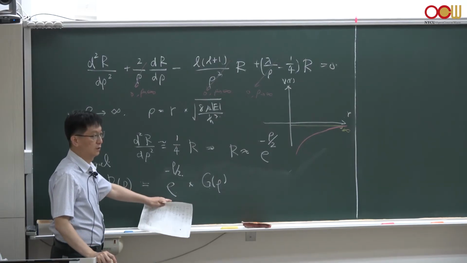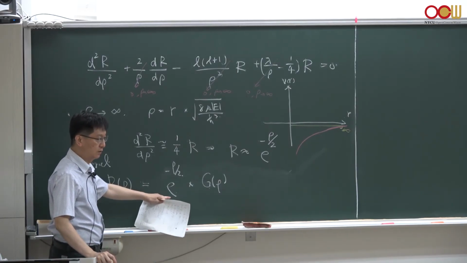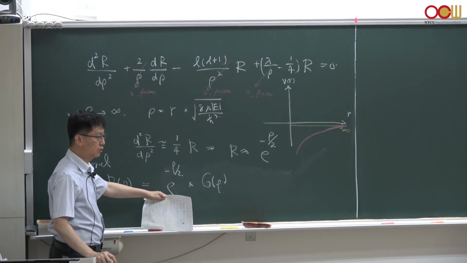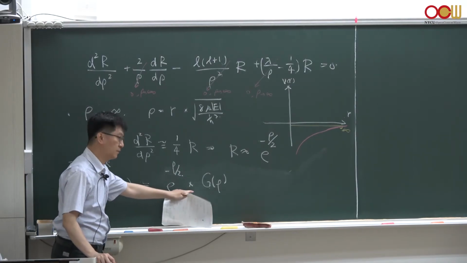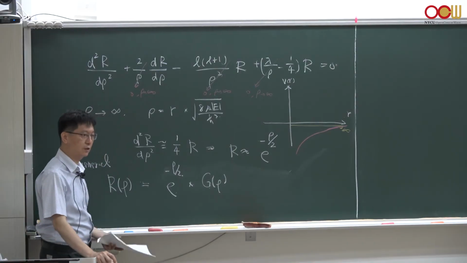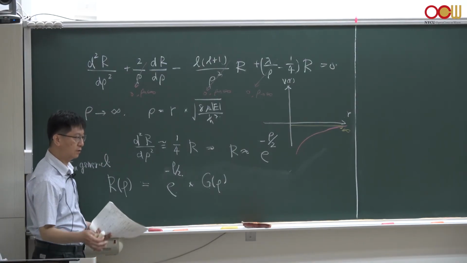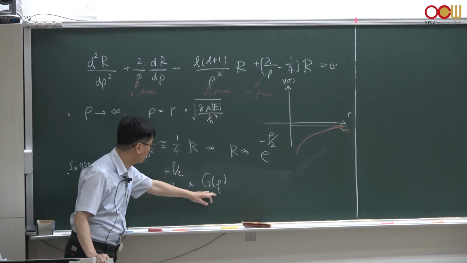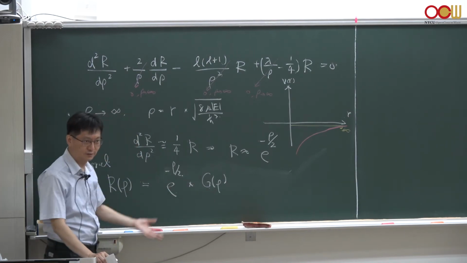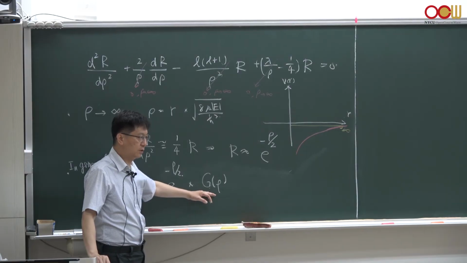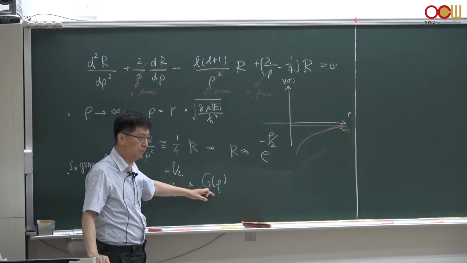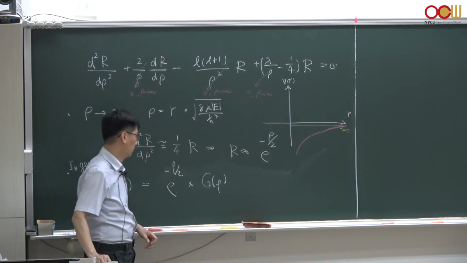So we know the solution in certain limits, but the general solution is given by the solution in that limit times some unknown function. And this unknown function of rho, in the harmonic oscillator problem, was expressed in terms of a polynomial of rho. Here is the same thing. We should propose that this capital G as a function of rho is a polynomial of rho.